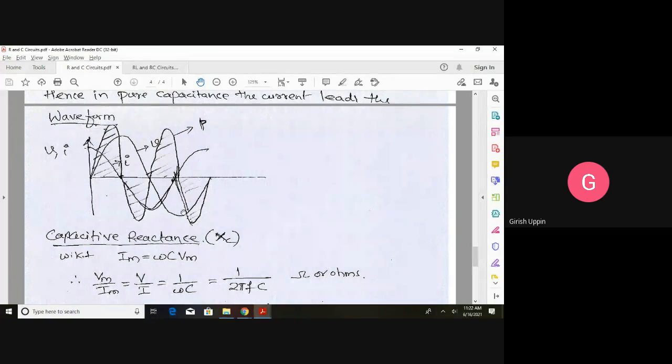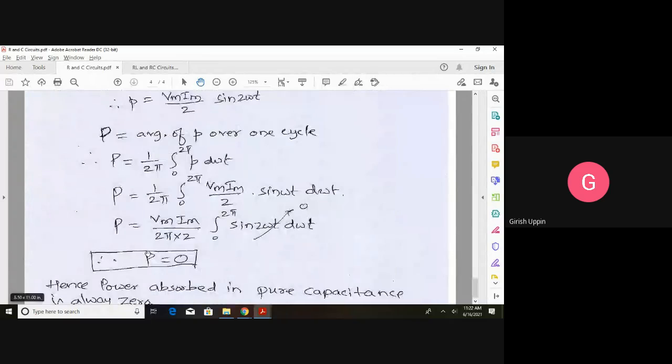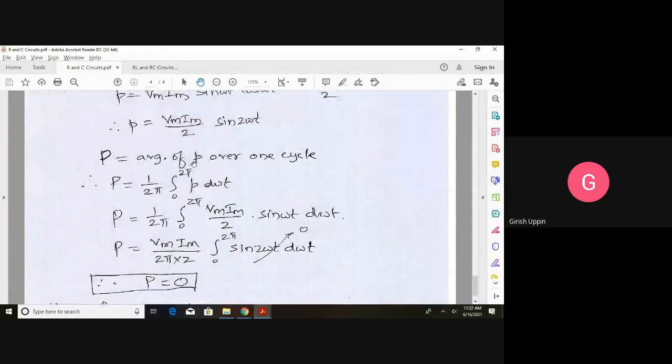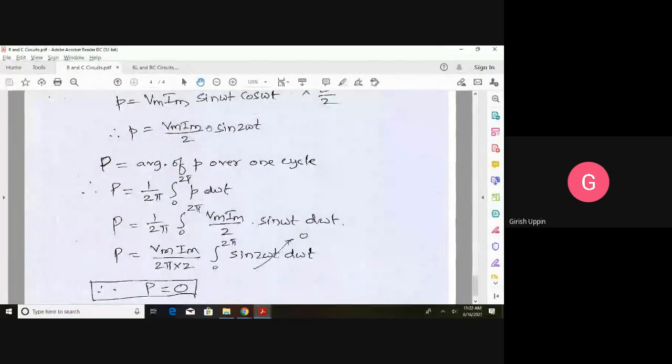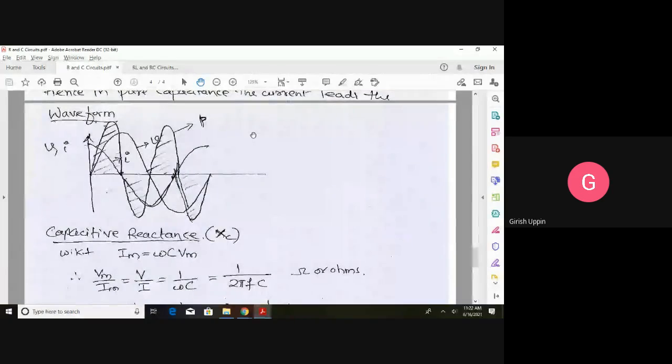Now what is the equation we are getting for power? For the power we are getting the equation as Vm Im by 2, some constant, you can say Pm into sin 2 omega t. The frequency is double. When frequency is double, you can see the shaded waveform, that is the power waveform. So the power has two cycles in one cycle of the voltage, and we know that this is a symmetrical waveform.